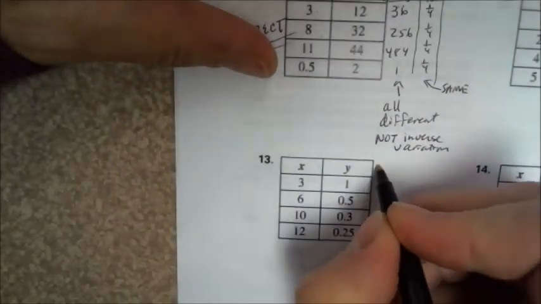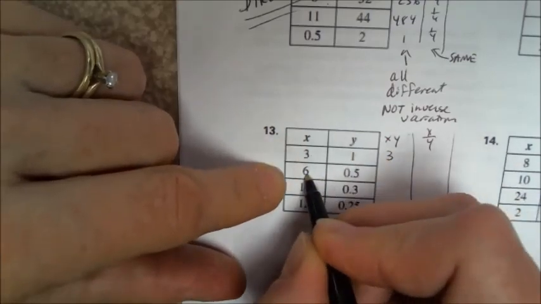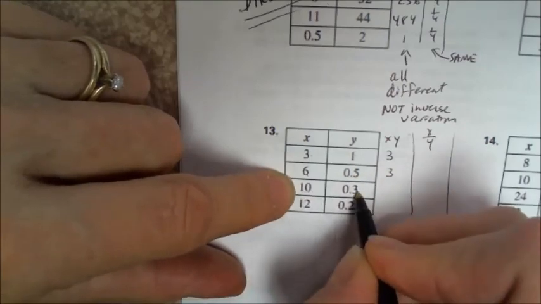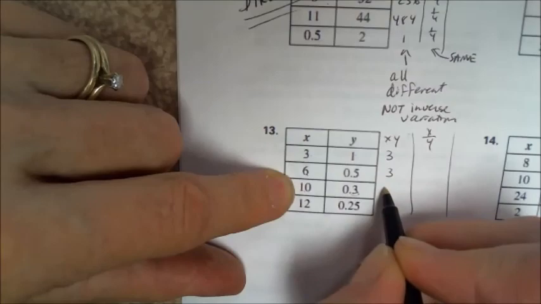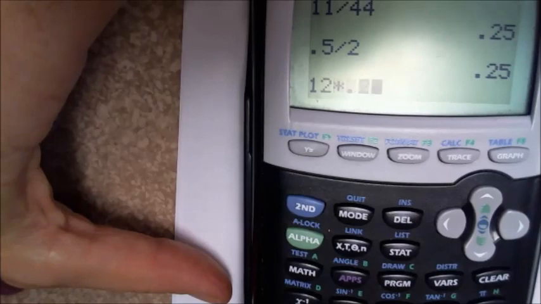I'm going to skip number 12. Let's go right on to 13. So we'll make a column of x times y and a column of x over y, and see what those are. Well, x times y, 3 times 1 is 3. 6 times a half is a half of 6, which is 3. 10 times 0.3, you just move the decimal place over 1, which is 3. And 12 times 0.25 is equal to 3 also.